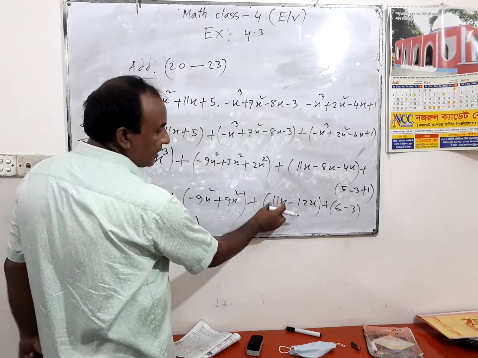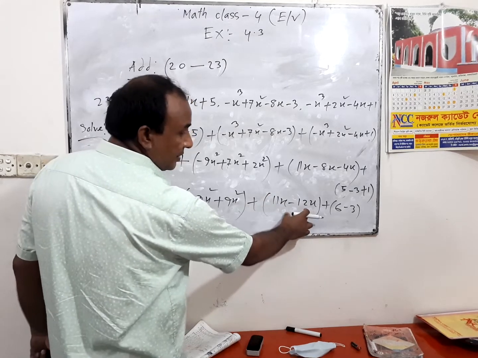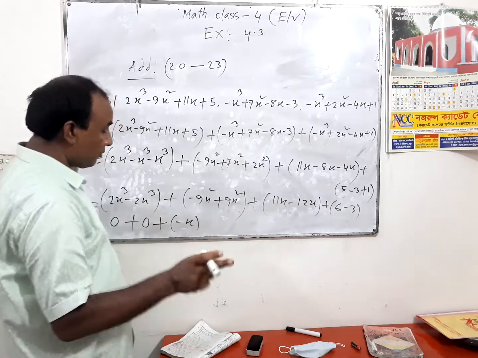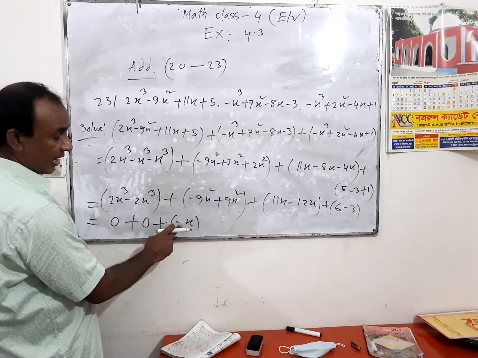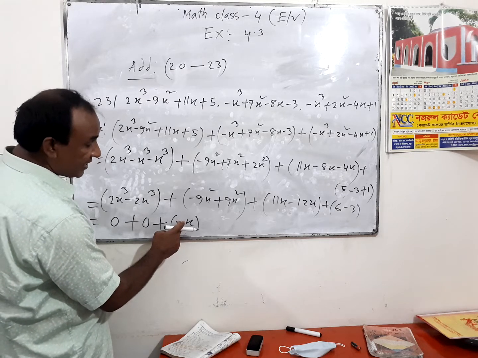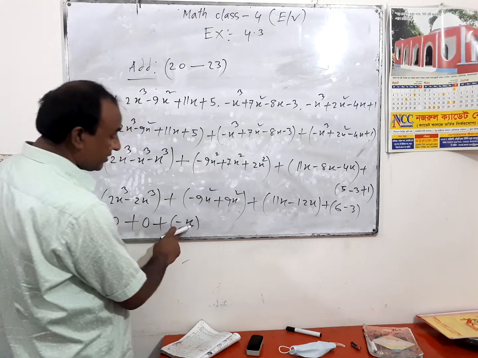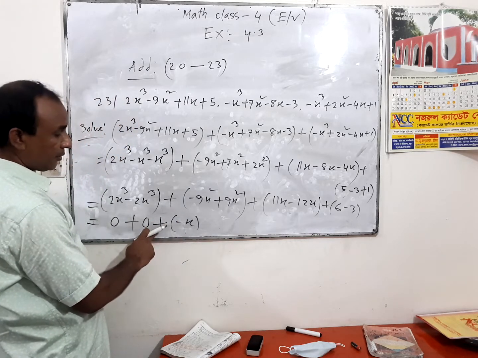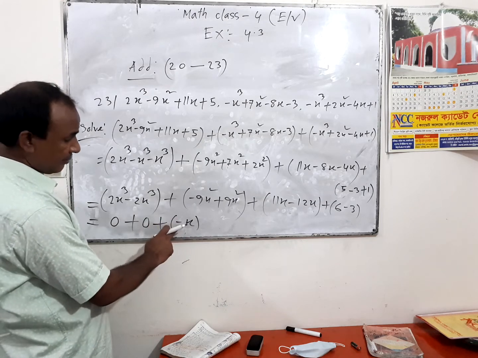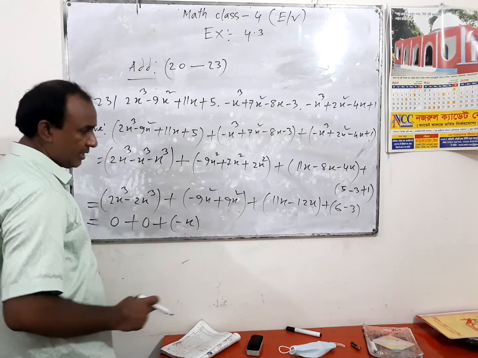You have 11x is plus and you have minus 12x. So minus is more by 1x. That's why I put minus 1x. I didn't write 1 here. The bracket is there because the work is still not finished. Because of this minus sign and plus sign we have to multiply later.